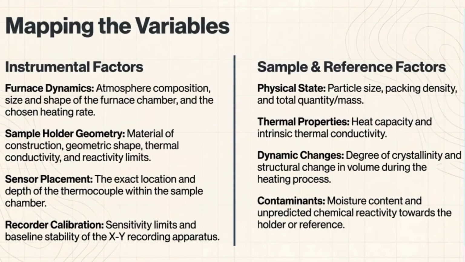If we dig further into the instrumental factors that cause changes, first of all is the furnace dynamics, its atmosphere composition, size, shape, etc. Then the sample holder geometry, what material it is made of, its shape, thermal conductivity, reactivity limits. And then the placement of the thermocouple, whether it is placed in the center or on the side.